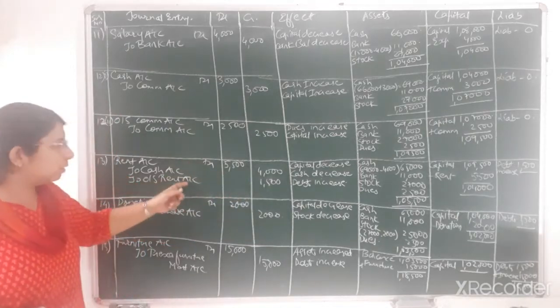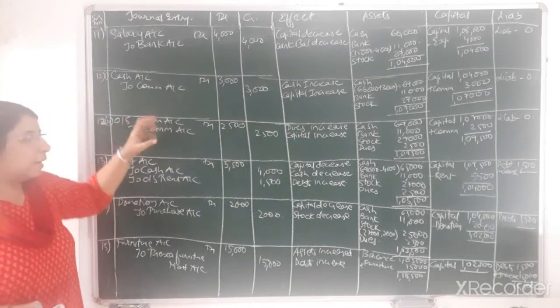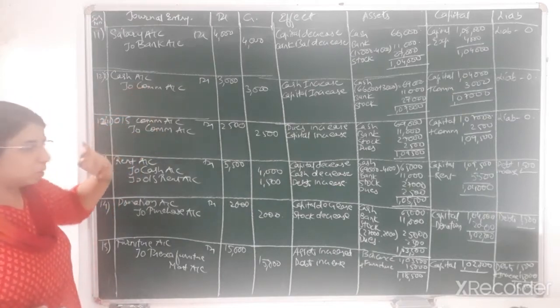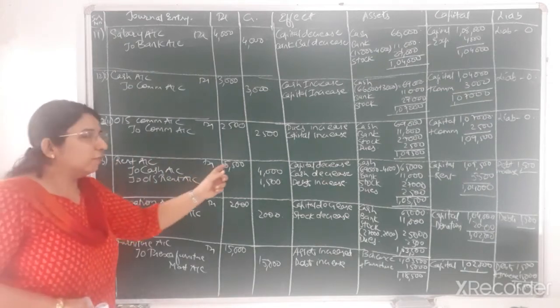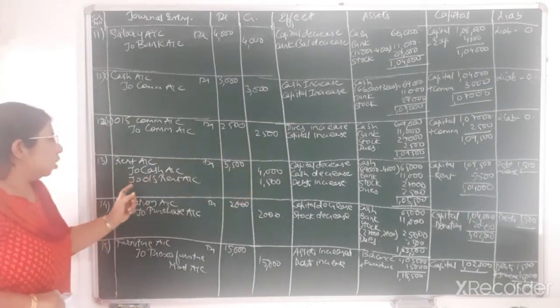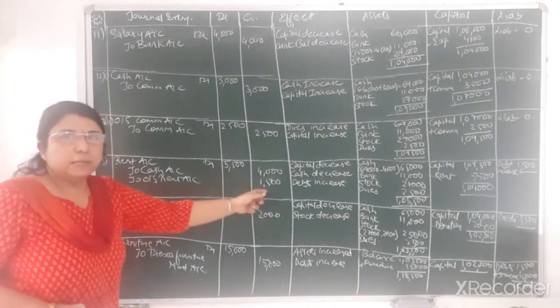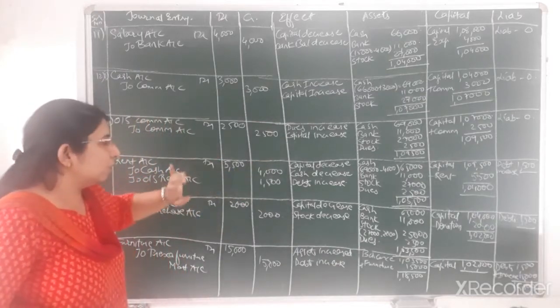So we can give the combined journal entry for the commission transaction also, but to explain properly I have given it in two parts. Okay, so the combined journal entry of rent, again repeating, is rent account debit 5,500, to cash account credit 4,000, to outstanding rent account credit 1,500. Now what would be the effect of this combined journal entry?